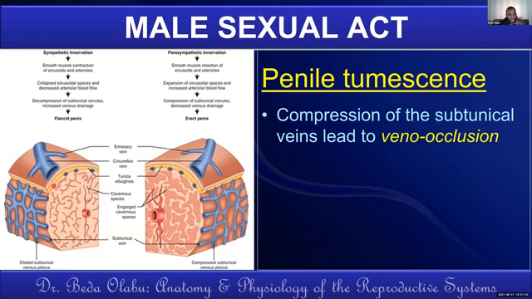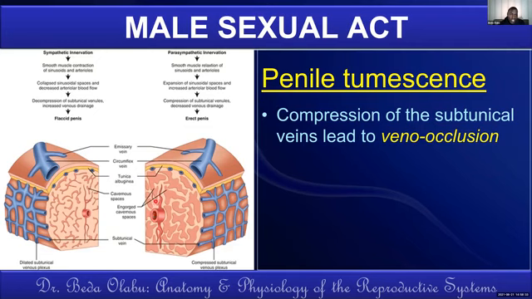So here we have veins beneath the tunica albuginea, the yellow thing. And this is the erectile tissue. Let's assume this is corpus cavernosum. In the flaccid state, the corpus cavernosum is not really distended or expanded, and so there's no pressure on the subtunical veins. But in a state where there is increased blood flow into the penile erectile tissue, the spaces fill with blood.